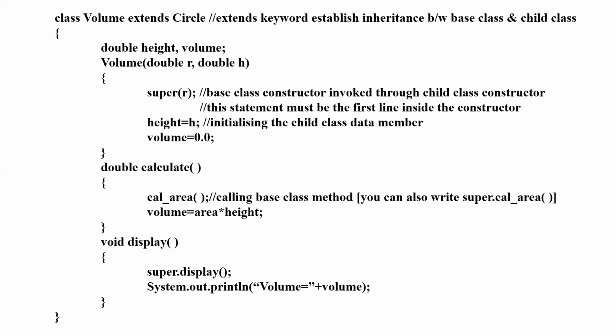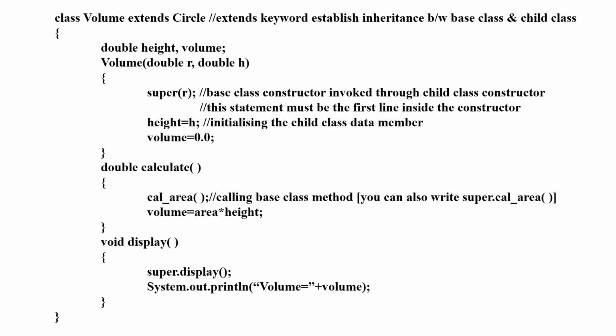Function overriding is actually a situation where the child class overrides the base class method. If you create an object of the child class and call the display function, it will be called with the child class display function and not the base class.